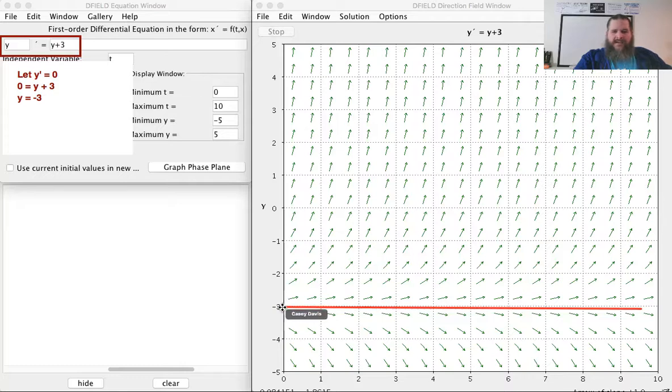What if the starting value, the initial value, is a little bit more than -3? What would we expect to happen if we started off at, let's say, -2? Based on the direction field, what's happening to the function at that point? It's increasing? Yeah. In fact, that arrow tells us the slope at that point.